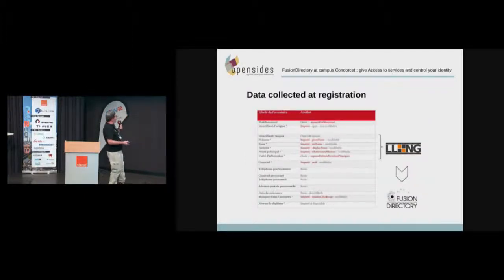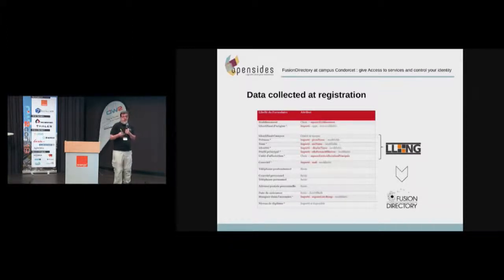This is just to show the data collected at registration. As you can see, some are marked import. So all the imported ones are done through the federation. So the user doesn't have to fill those in. And then he can add some specific information. Why are we doing that? It's because in the federation system, you can just say, I will only send this kind of information.